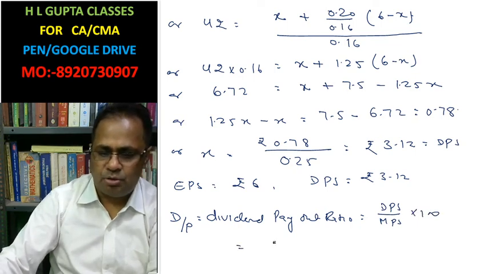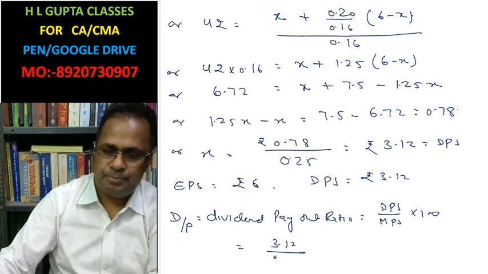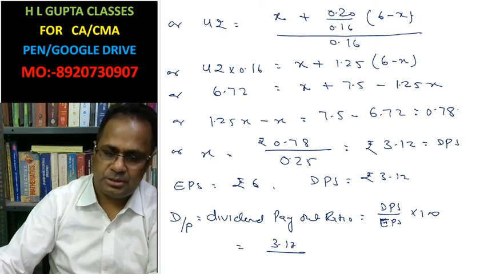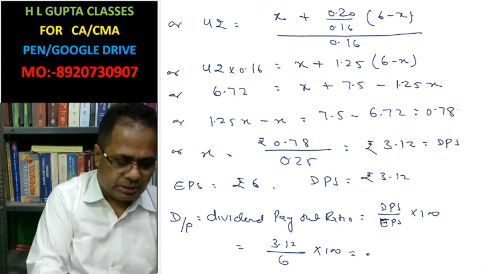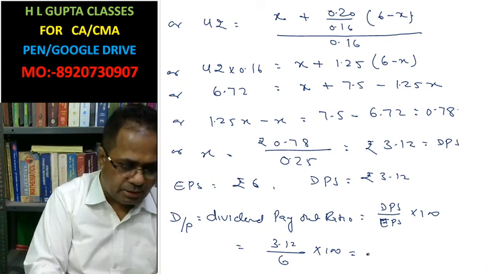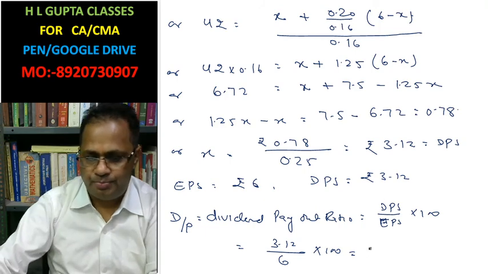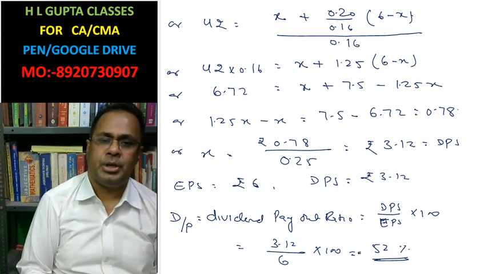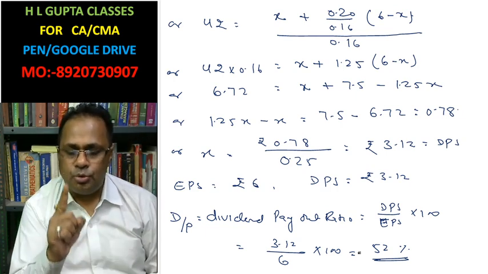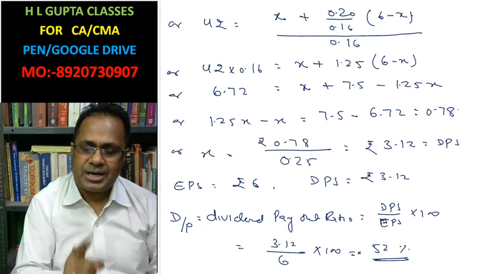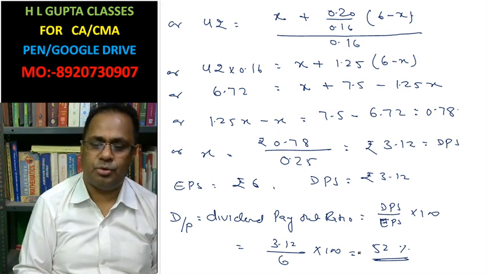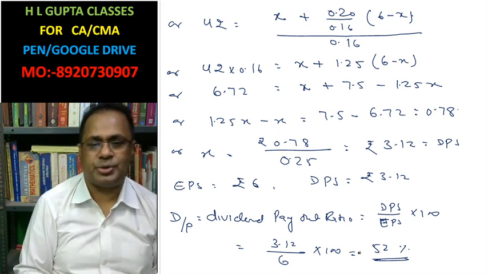The dividend per share is 3.12 divided by EPS, which is rupees 6, into 100. This is 52%. As per your book, it is 52%. If we pay 52% dividend, then the market price of the share would be rupees 42. To make the market price per share 42, we should have a dividend payout ratio of 52%.